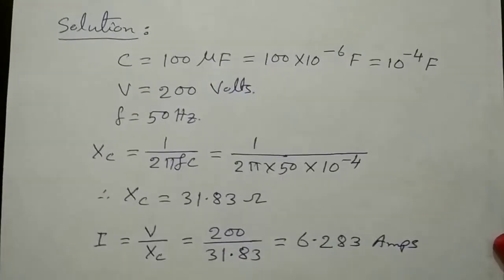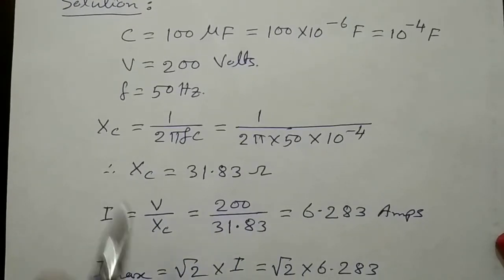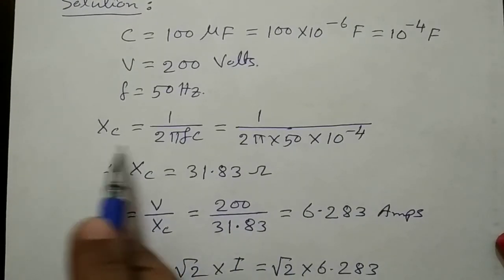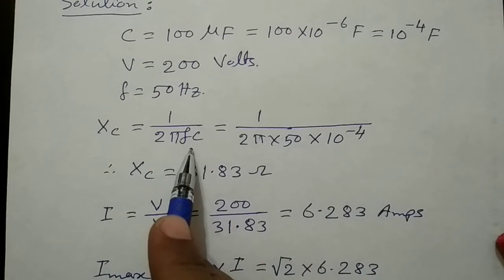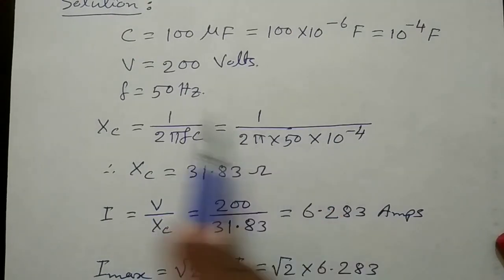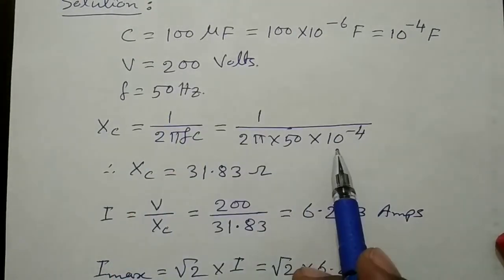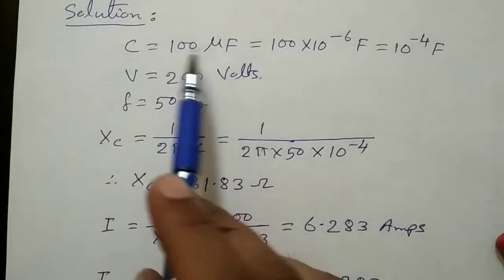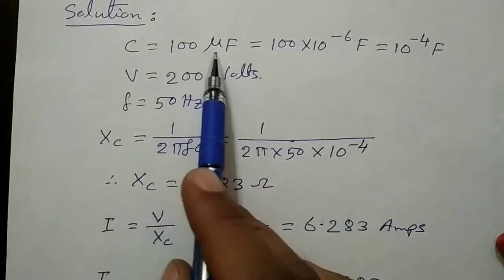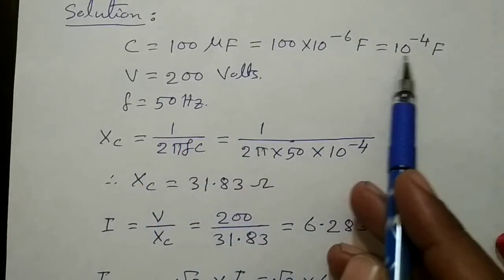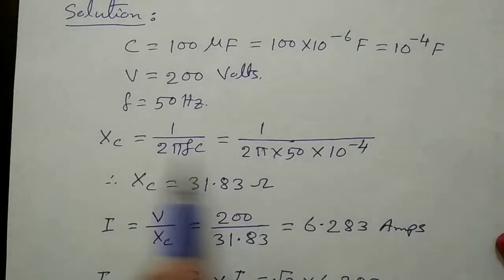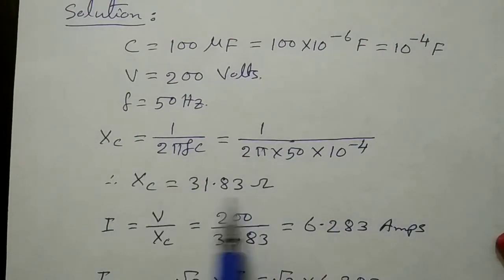Here, first of all, we find the value of capacitive reactance by using the formula 1 upon 2 pi fC. Remember, here the value of C should be in farad. We have already converted the 100 microfarad to farad, so it is 10 to the power minus 4. Put the values here, so you'll get the value of Xc.